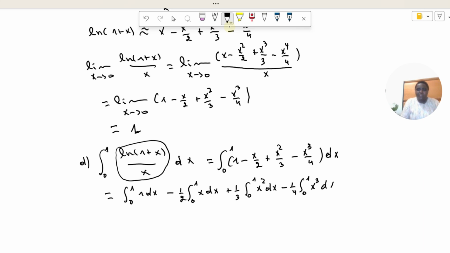Yes, dx like this. Alright, then this will be equal to, if we integrate this one, this will be x.